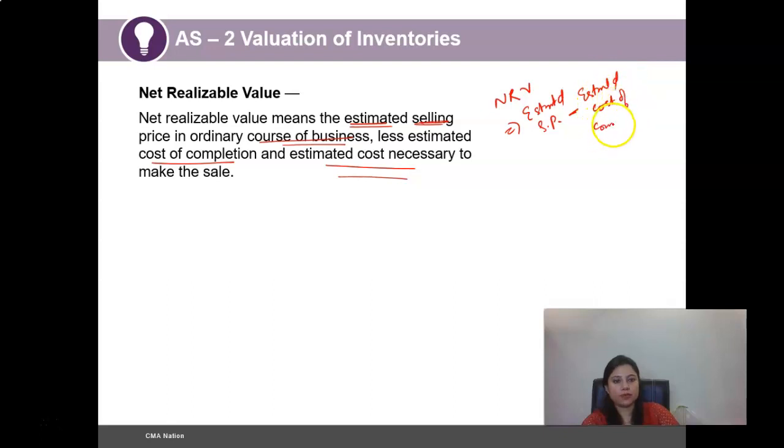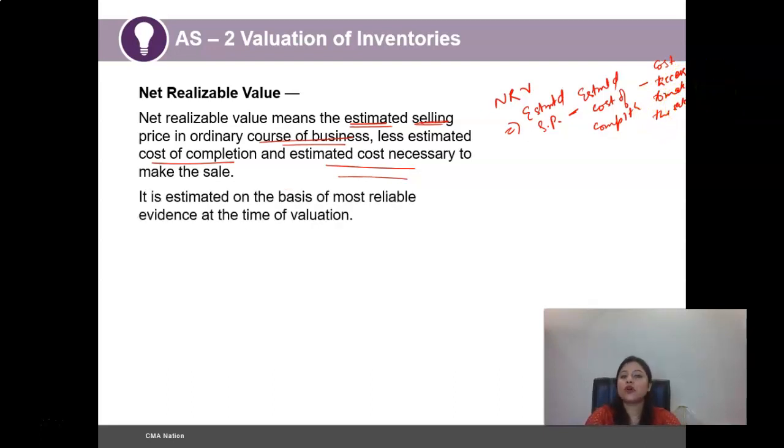It could be the estimated cost of goods purchased, minus the estimated cost of completion, and further any costs necessary to make the sale. So this is how we will be determining the NRV of a particular inventory, or of the inventories of the business.